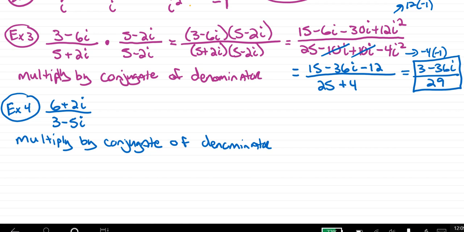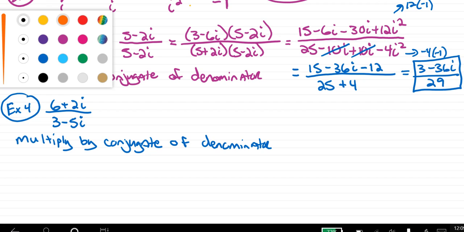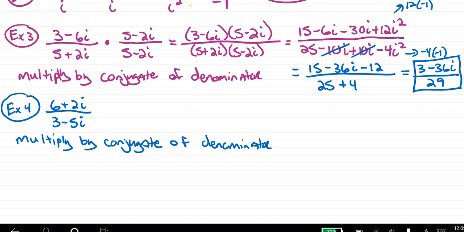So the conjugate of the denominator is going to be, again, me changing the sign of the i term only. So not both, just the i term. So when I change the sign of the i term, what I'm going to end up multiplying by is going to be 3 plus 5i.